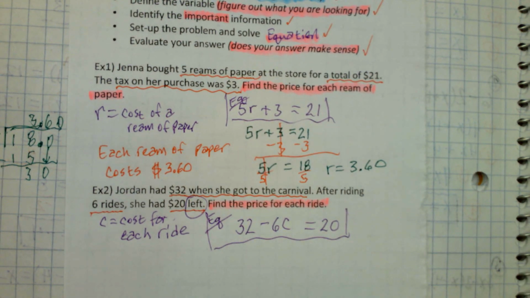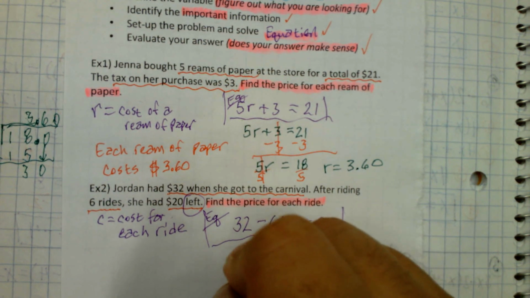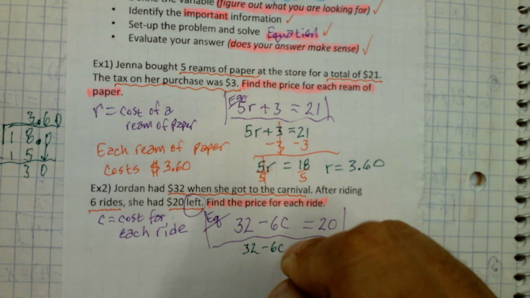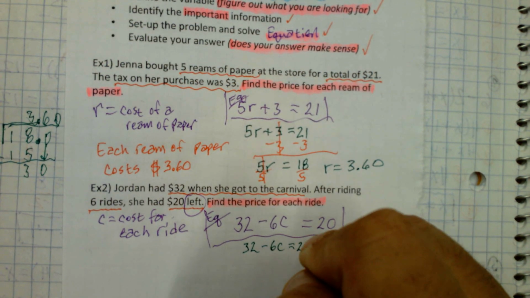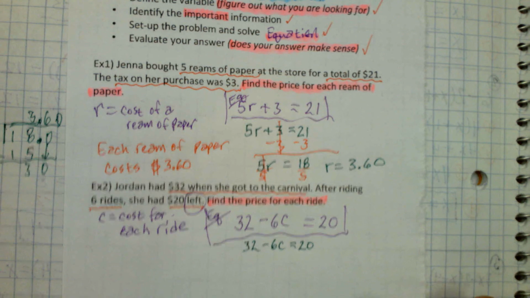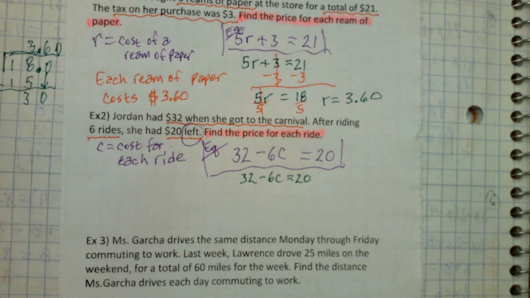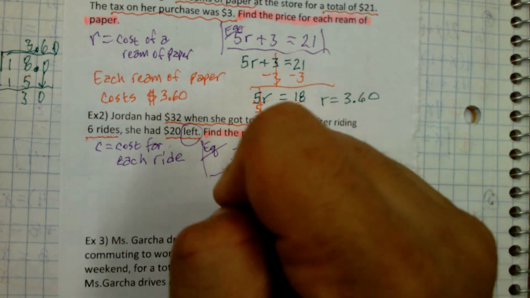So let's go ahead and solve that. We're going to start with the equation again. 32 minus 6c equals 20. Okay. And let's get rid of the 32.